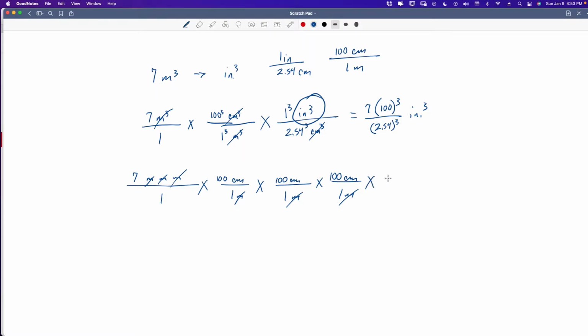And we would have had to continue on, saying 1 inch over 2.54 centimeters, cancel, times 1 inch over 2.54 centimeters, cancel, times 1 inch over 2.54 centimeters, cancel, 1, 2, 3 inches, right? So that would have been the same exact thing. We just wrote it a little bit faster, a little bit more succinctly.